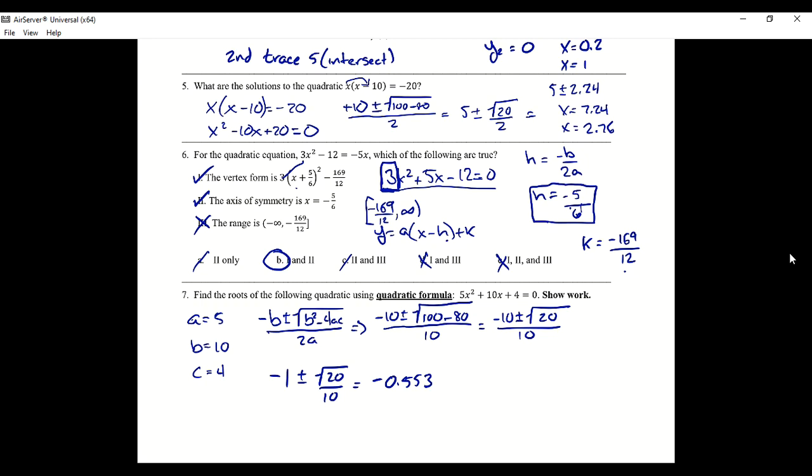Negative 1 minus the square root of 20 divided by 10 is negative 1.447. And there we go. Could you double check this by graphing and make sure you did your work correctly? Yes, you could.